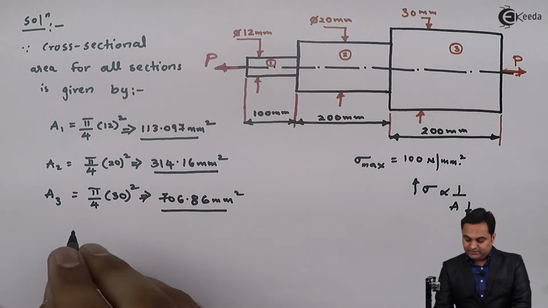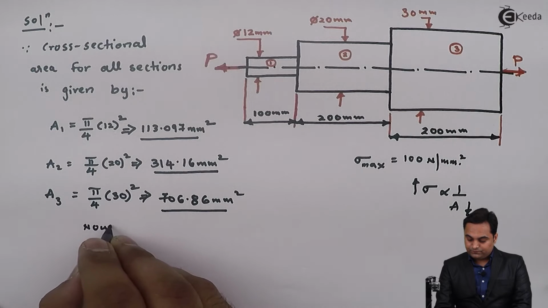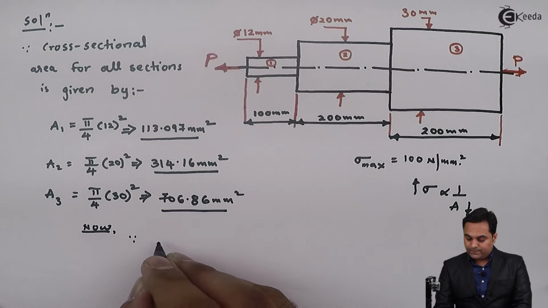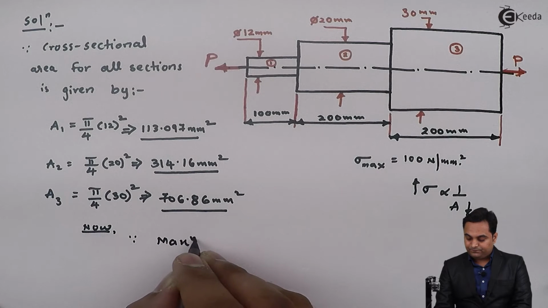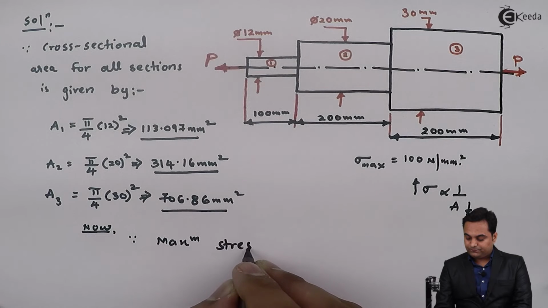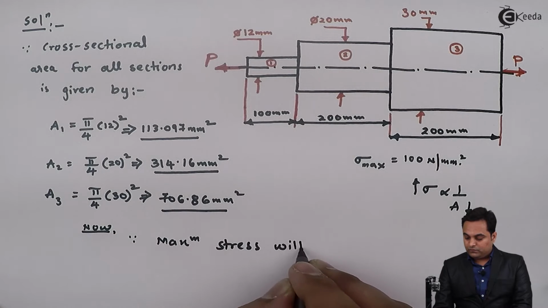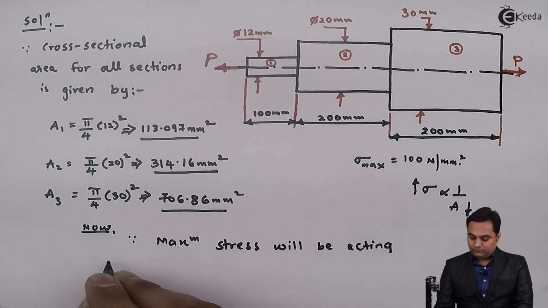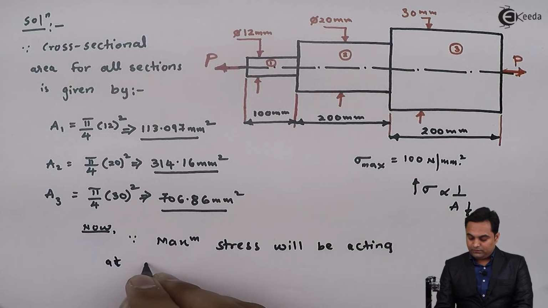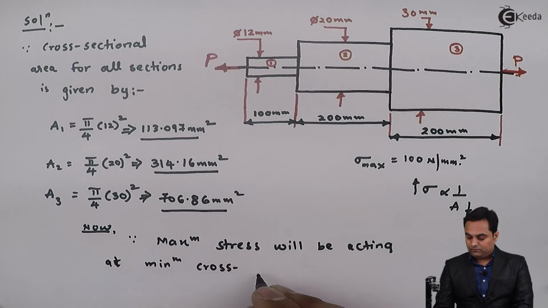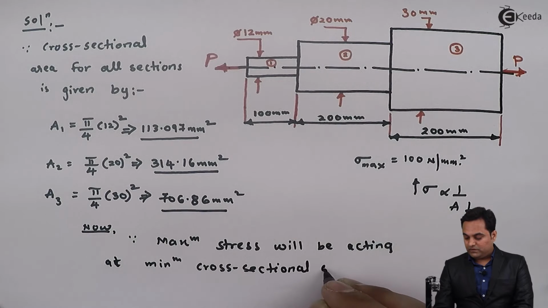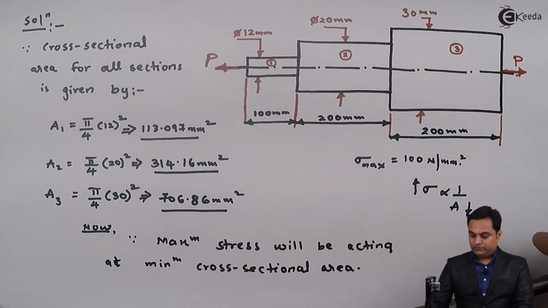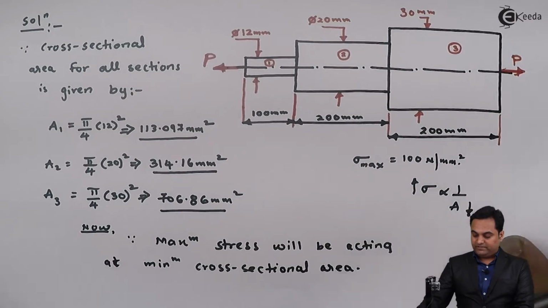So next I can say that now, since maximum stress will be acting at minimum cross sectional area, so therefore I can find out the maximum stress.